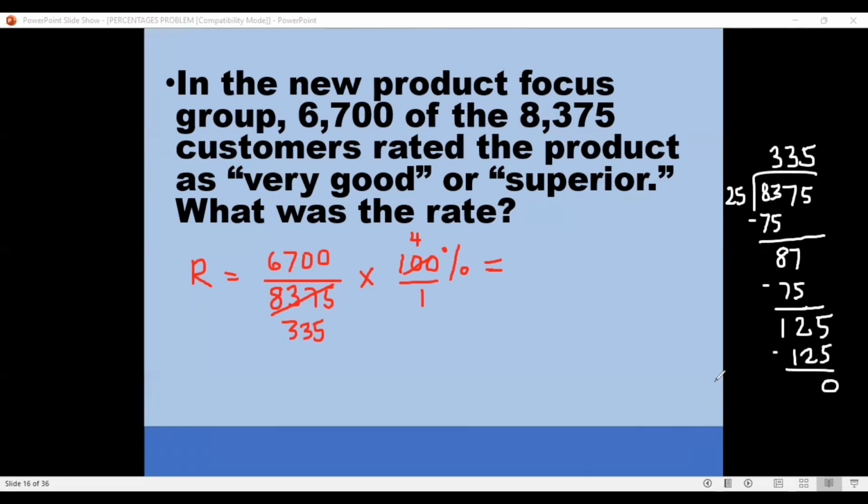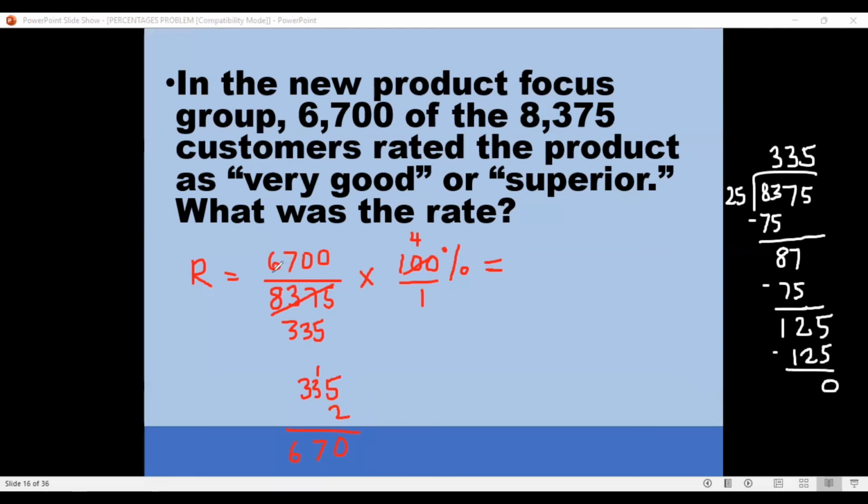Okay, because if you are going to investigate this 335, if you multiply 335 by 2, that will give you an answer of 10, carry 1, 6 plus 1 is 7, and then you have 2 times 3 is 6. So you are getting already the 670 there. So which simply means that 335 is a factor of 6,700.